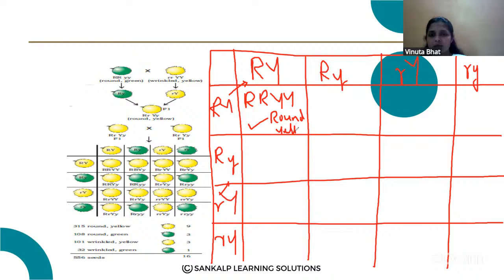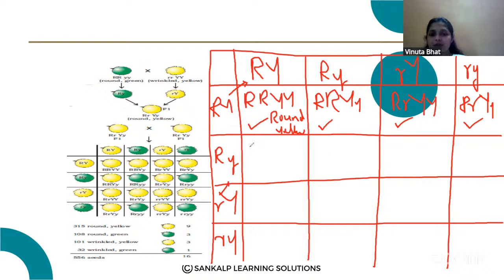Then capital R, capital Y, small y, that is also round yellow. Then capital R, small r, capital Y, that is also round yellow. And capital R, small r, capital Y, small y, that is also round yellow.